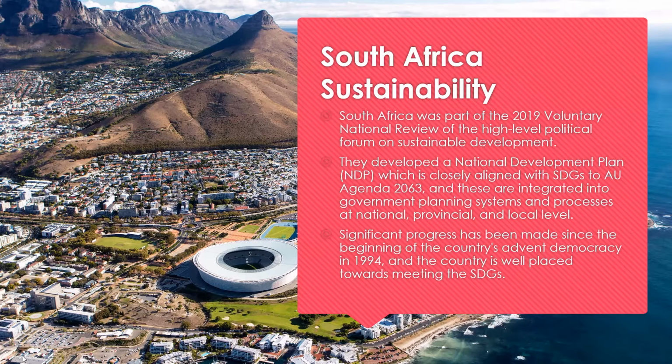The NDP, the National Development Plan, prioritizes elimination of poverty, reduction of inequality, and growing an inclusive economy by 2030. It has already contributed some improvements in the lives of many South Africans. So it's done a good job so far to an extent, but more can be done, as you'll see in the coming slides.